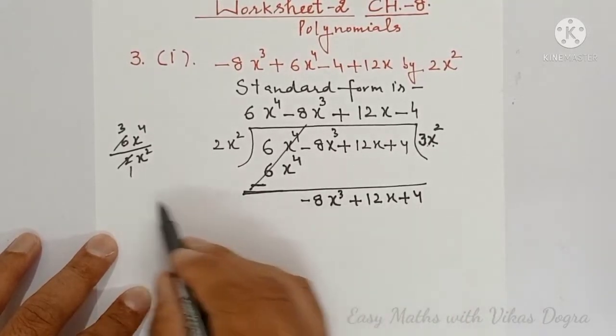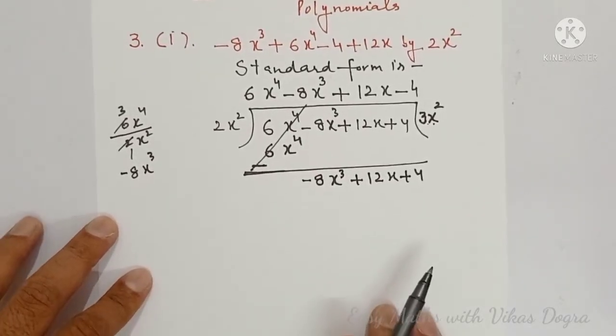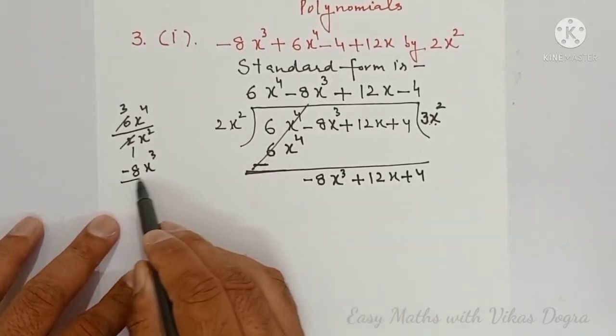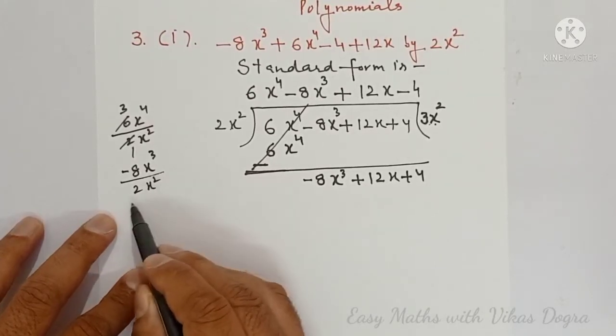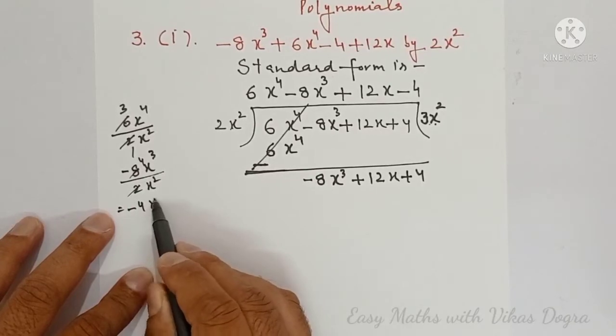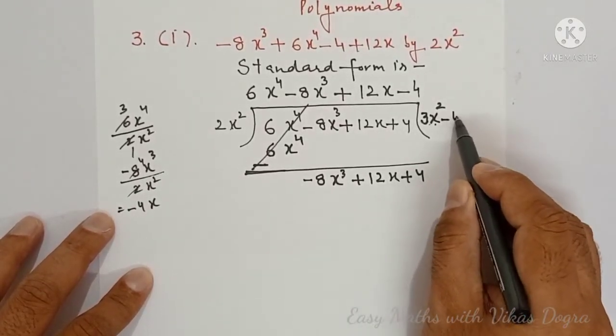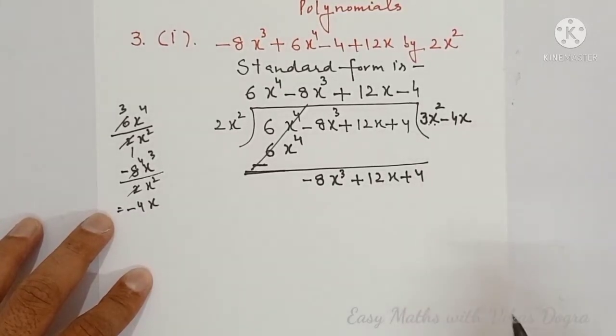Now in a rough work, you should divide minus 8x cube with 2x square. So 2 1s are 2, 2 4s are 8, it is minus 4. X power 3 minus 2 is 1, so no need to write 1. Minus 4x in the quotient.